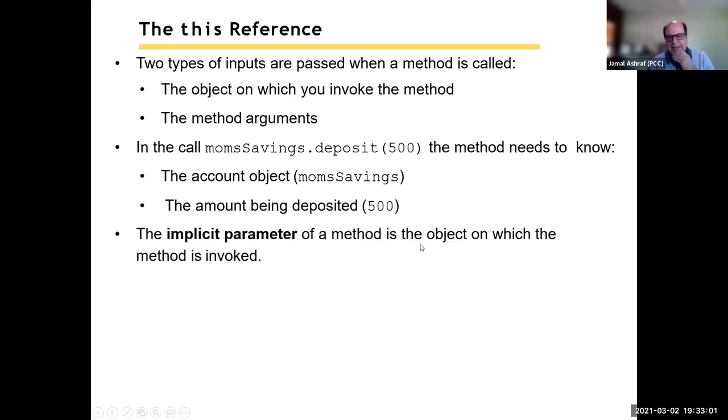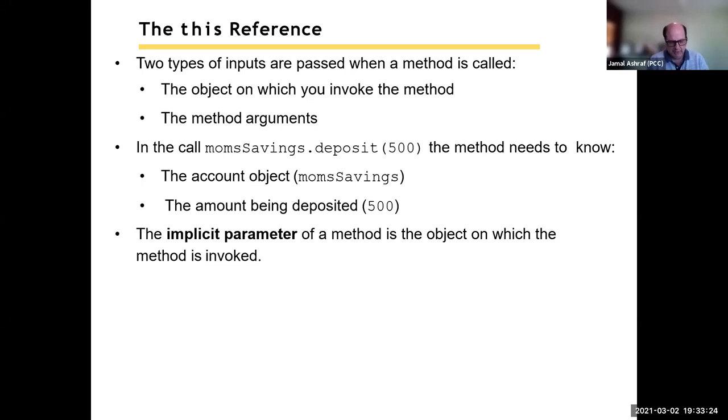The account object is called the implicit parameter. So we are not going to be referring to it all the time. It is basically given. If I'm inside the class and I'm talking about the object, I am not going to refer to it.